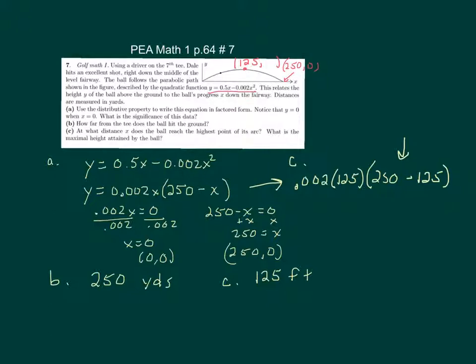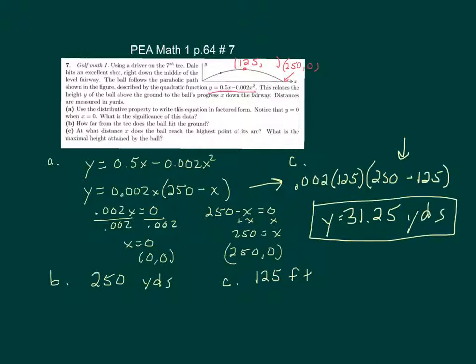And I just did it all at once in the calculator, and I got 31.25 yards. So again, I just substituted the 125 that was halfway into this equation right here. And you could have put it into this equation or that equation. They're all the same thing. And then that means that point right here would be 125, 31.25.